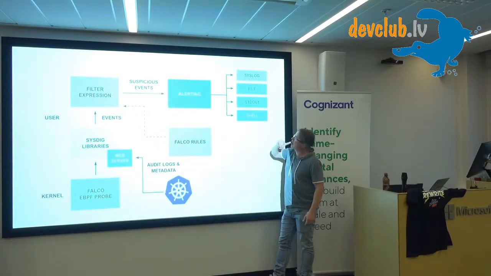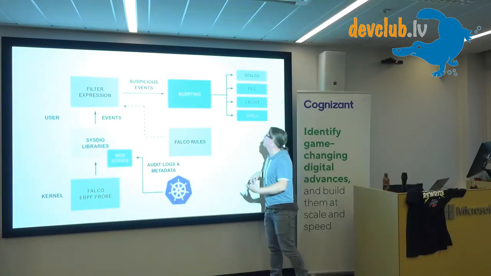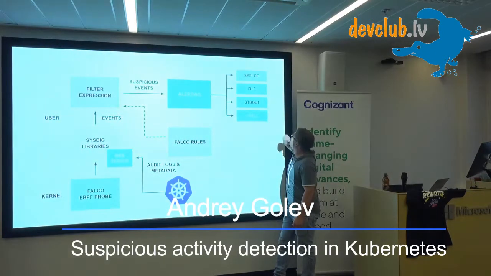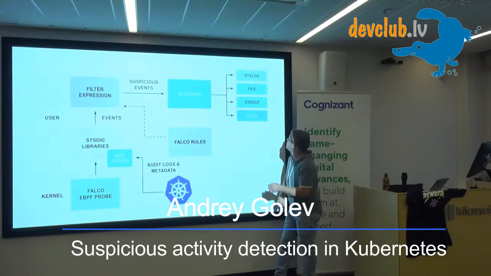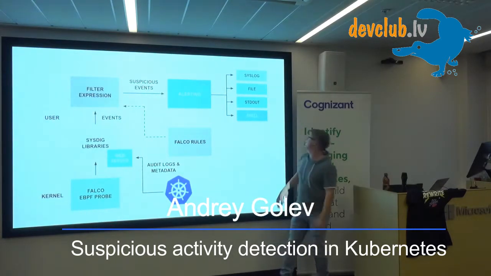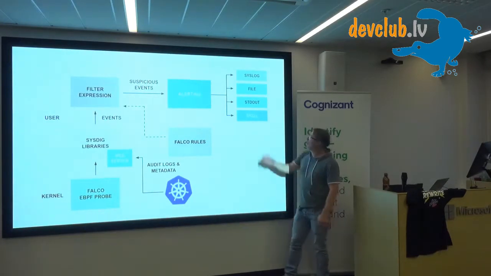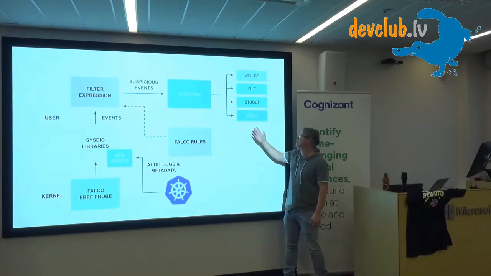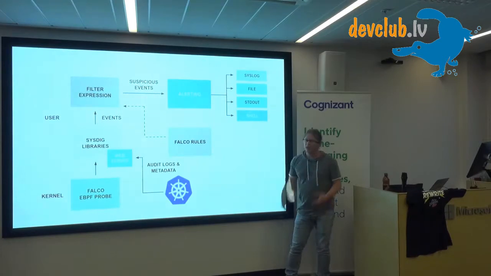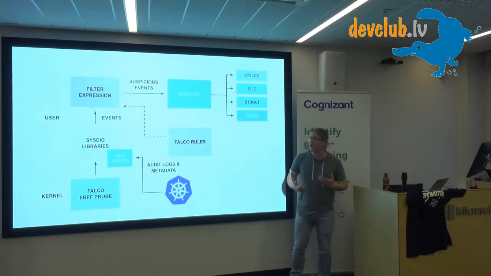And Falco currently is able to send messages, alerts to different outputs, like syslog, or writing just a simple file with alerts to your disk, or just print them to standard output, or pass that message as the argument to some shell program that can react somehow on these messages and do some real actions.